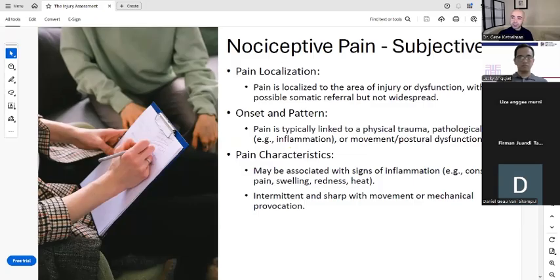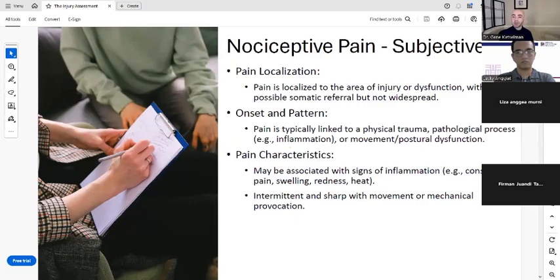So in other words, if they have, let's say, rotator cuff issues, a supraspinatus tendinopathy or supraspinatus tear, they'll have shoulder pain, and it may possibly refer down to the elbow because that is a common referral pattern for the rotator cuff. But otherwise, it's going to be in that area. It's going to hurt around the area of the injury.